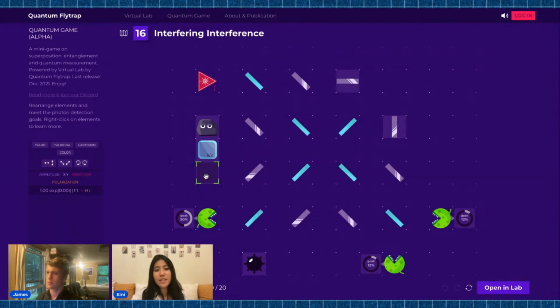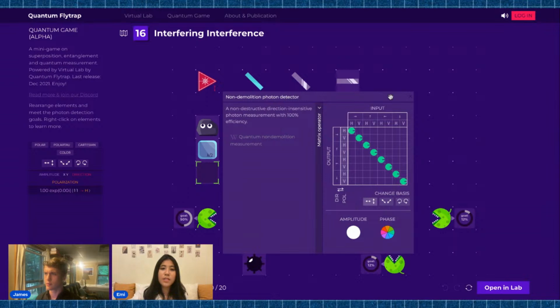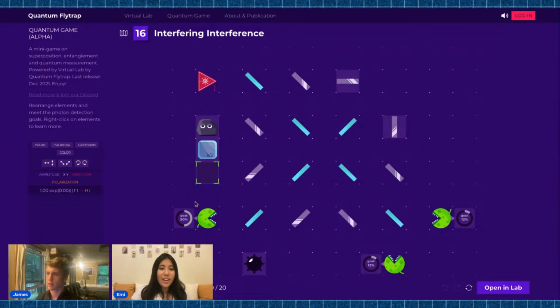And you've got this non-demolition photon detector, which means when you make an observation, the measurement changes. And when we put that in the path of the photon, it makes it so the momentum is no longer predetermined. Exactly.